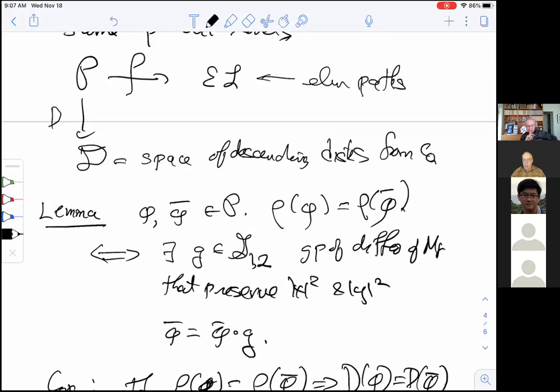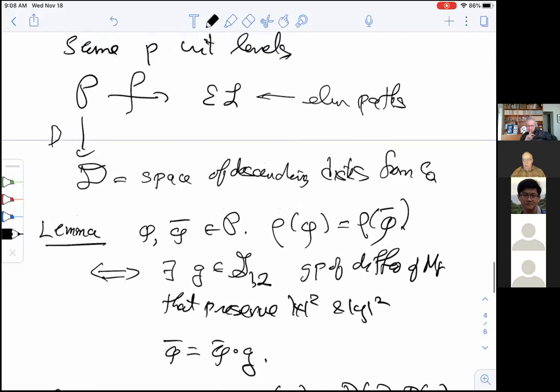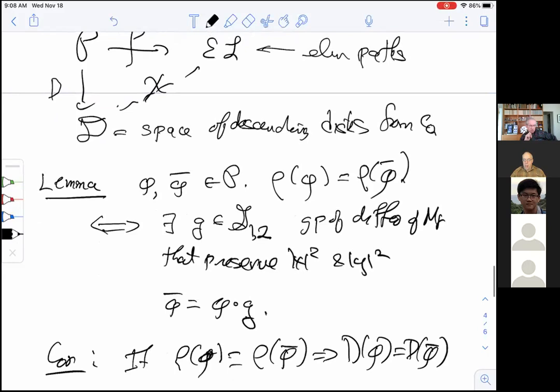I said something wrong here. If you operate by the self-diffeomorphism of M, and then go in by phi, since the standard descending manifold is sent to itself, the image under phi bar of the descending manifold will be the same as the image under phi. So there is a function across here, chi, making this basic diagram commute.